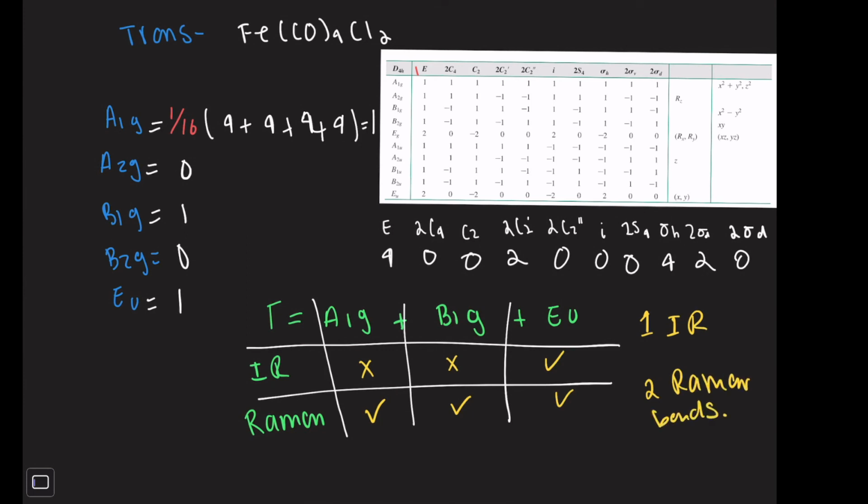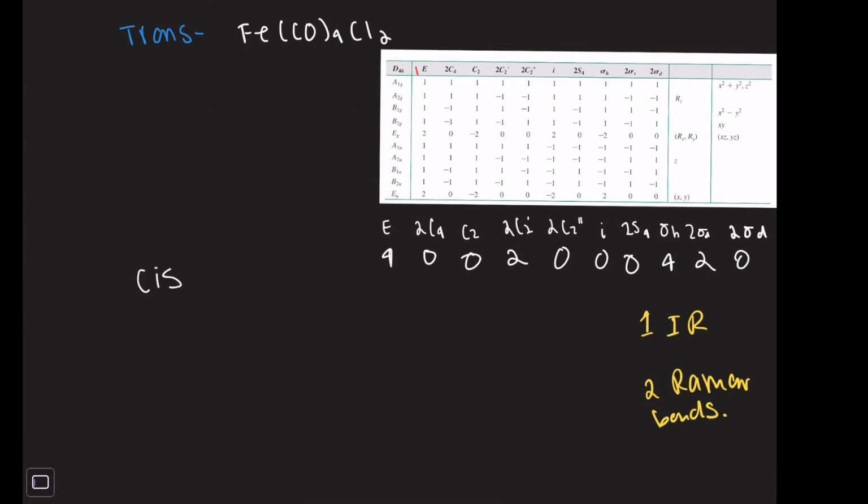So when we compare it to our previous one, we had 4 IR, because we had that 2 A1, and we had 4 Raman. For our trans, we have 1 IR and 2 Raman bands.